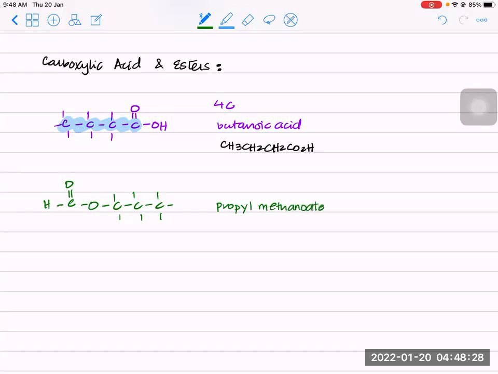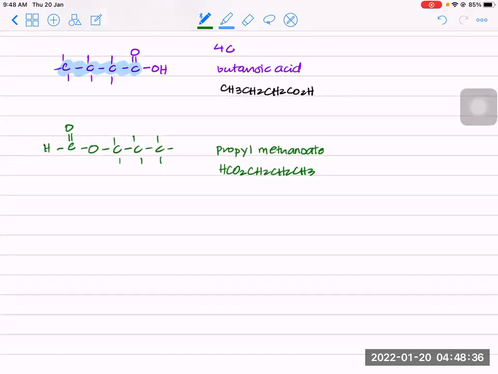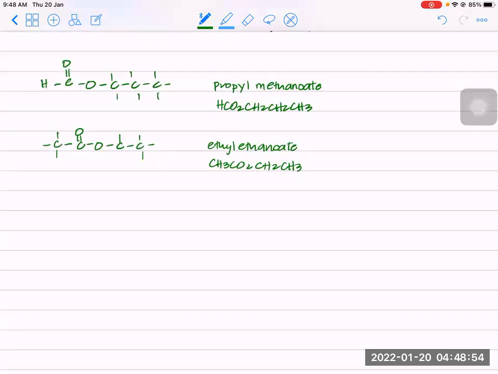Now let's see the structural formula. It will be HCO2, CH2, CH2, CH3. Then let's see this. A 2-carbon acid and a 2-carbon alcohol. This right here. So this would be what? Ethyl ethanoate. Yes, which is CH3, CO2, CH2, CH3.